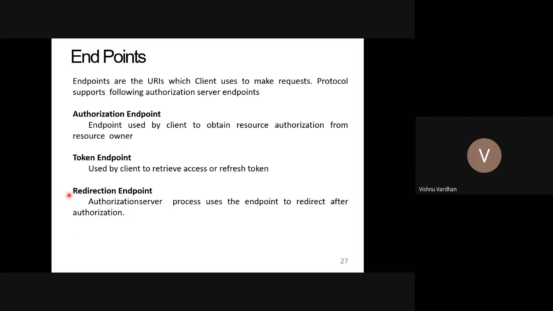This is what the redirection endpoint is. Even a mobile app, maybe even Amazon, may not give you the product information and simply redirects to the login page, so that you have to authenticate yourself again. So these are the different endpoints: the authorization endpoint, the token endpoint, and the redirection endpoint.